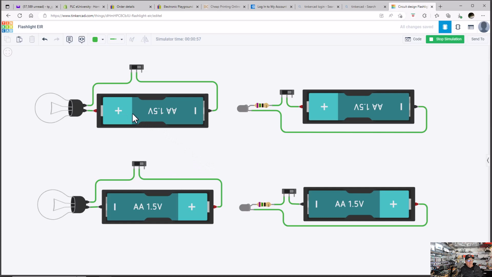Notice here, we've got minus and plus, and here we've got plus and minus. So in other words, this is a single battery flashlight, both an incandescent on the left and an LED on the right. Now there's some parts here that you may not recognize, but this resistor right here is what limits the current flow through this LED so it doesn't burn out.